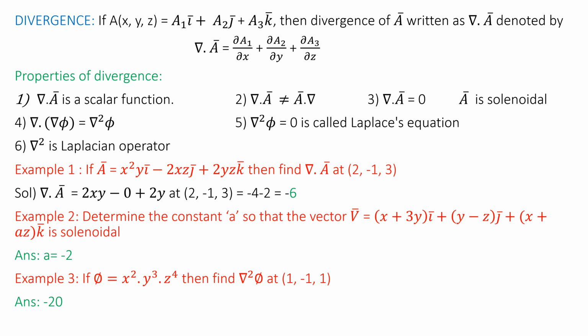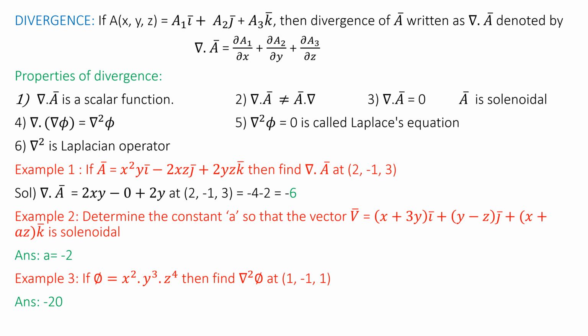Del dot a bar is nothing but dou by dou x of x square y, which is 2xy, minus dou by dou y of 2xz, which is 0 because there is no y term, so it is treated as a constant, and dou by dou z of 2yz, which is 2y. So 2xy minus 0 plus 2y at 2 comma minus 1 comma 3.